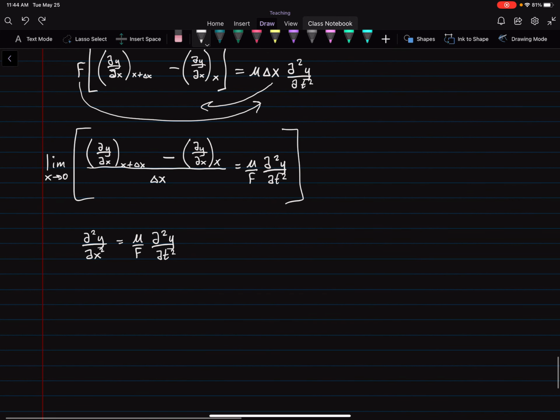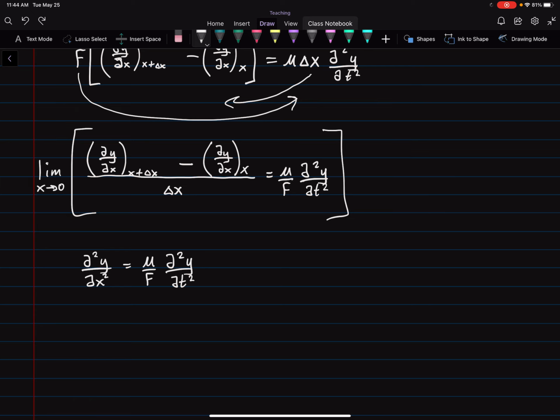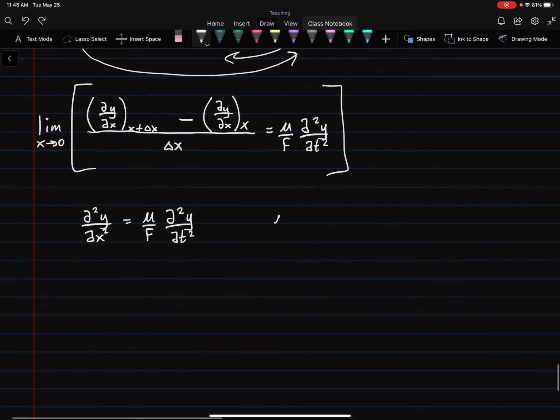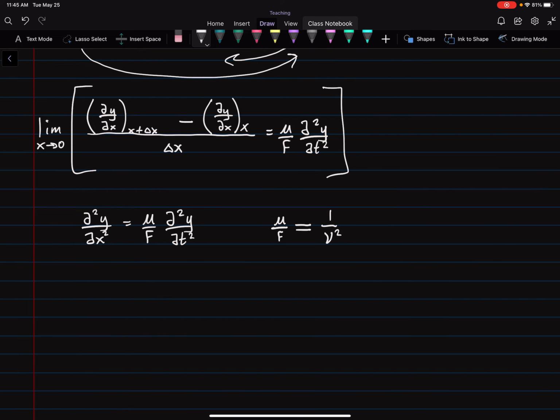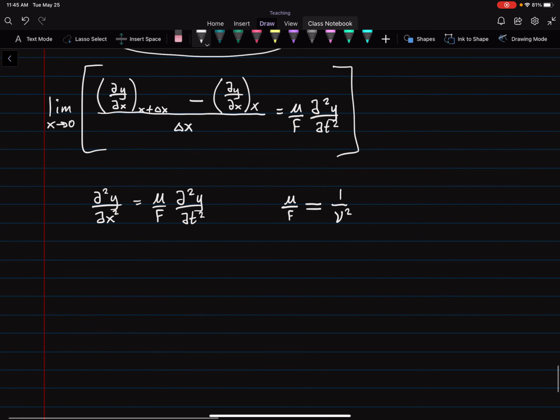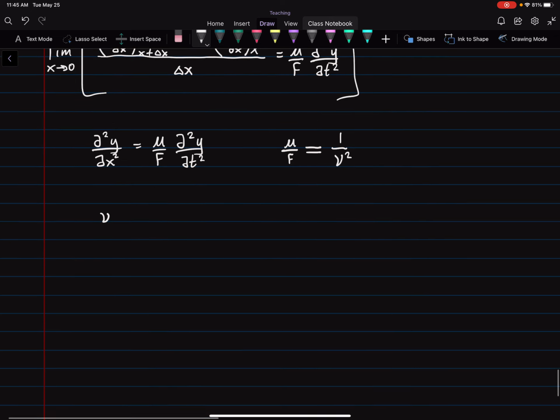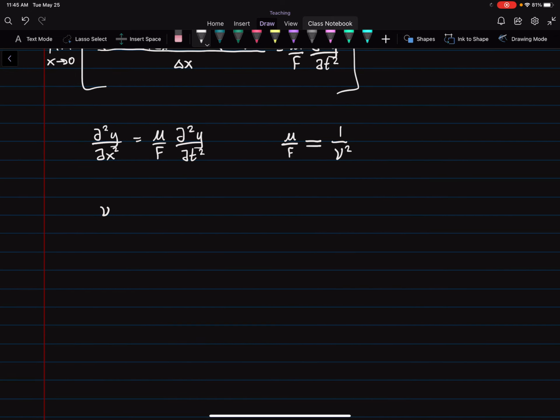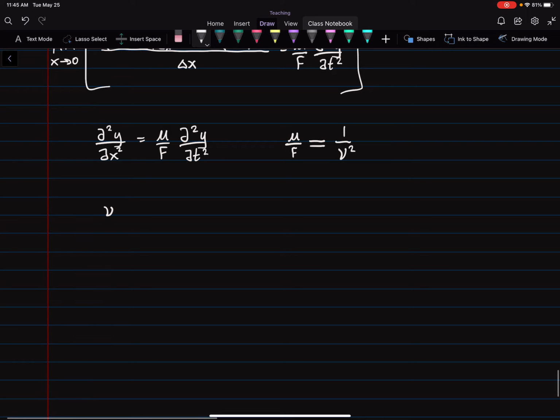So that means that this quantity mu over F must be equal to 1 over v squared. Which means that our wave speed, in terms of the mass per unit length of the string and the tension force, is equal to the square root of F over mu.